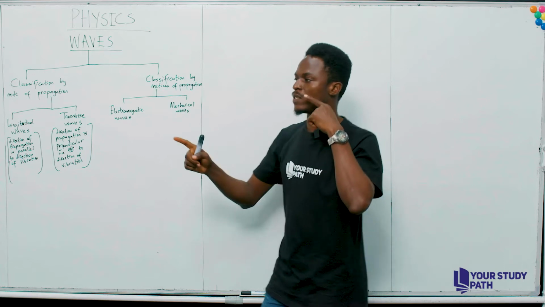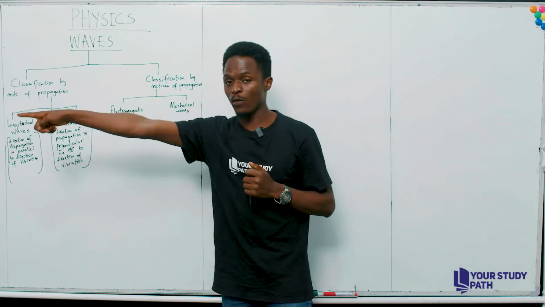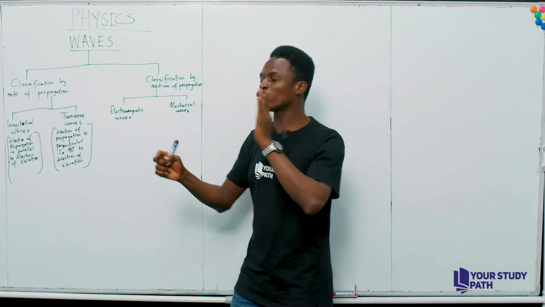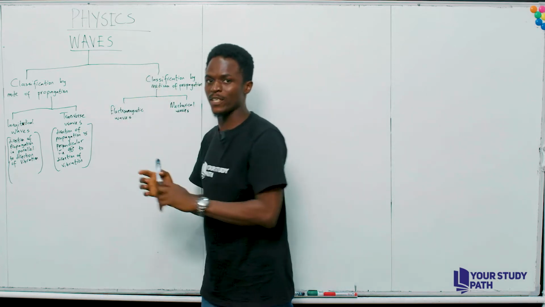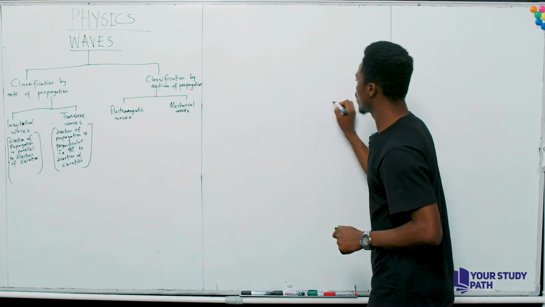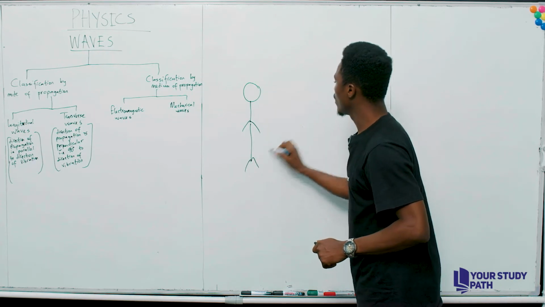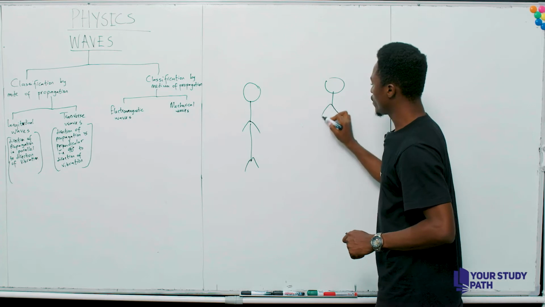So this is the direction of propagation of the wave, the forward direction. Air molecules are also vibrating in the forward direction. So we have person A talking to person B.